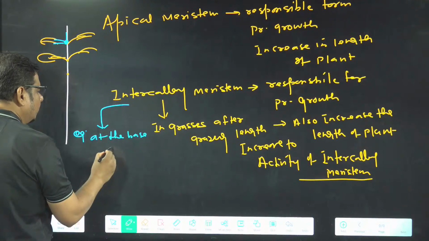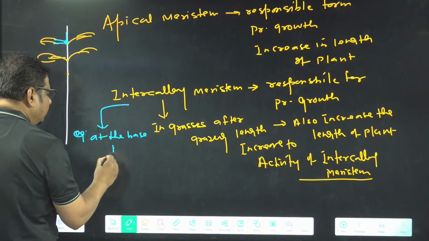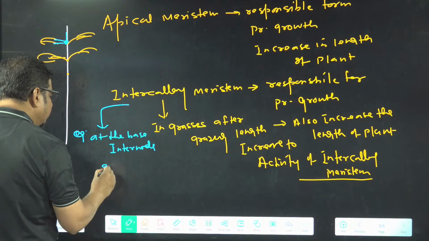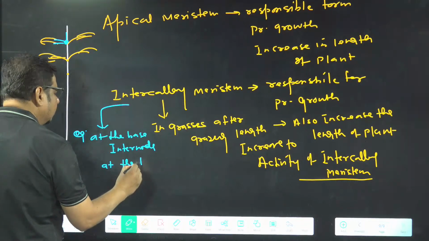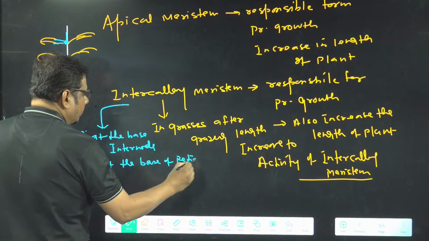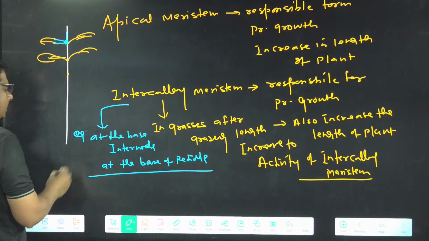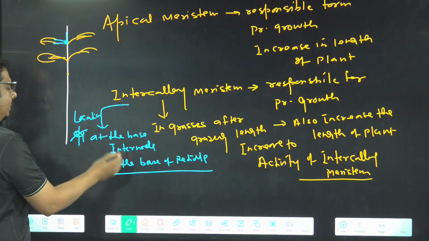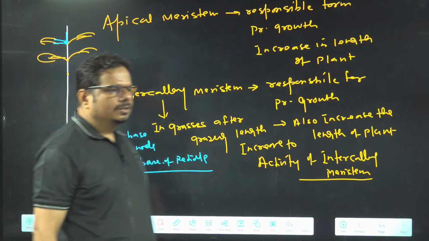At the base of the internode, or also present at the base of the leaf, at the base of the petiole. Getting the thing? The location is what? At the base of the internode, at the base of the petiole.